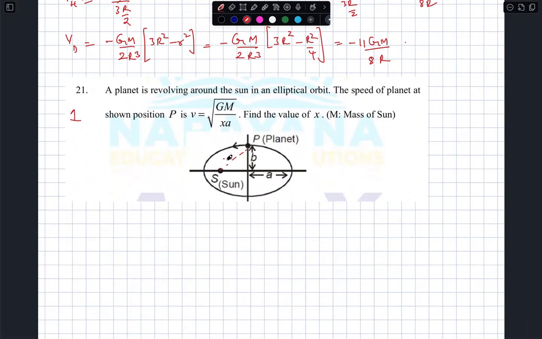And now this distance is R. R is nothing but the square root of B square plus A square E square, and you know this is AE actually. But R is nothing but A as per the ellipse geometry.